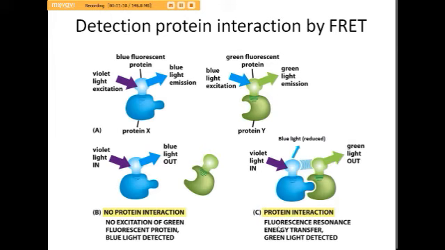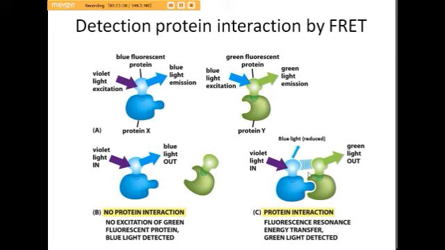Under the protein interaction condition, when X interacts with Y, there will be FRET between BFP and GFP, because the distance between the two usually is less than 10 nanometers for protein interaction.